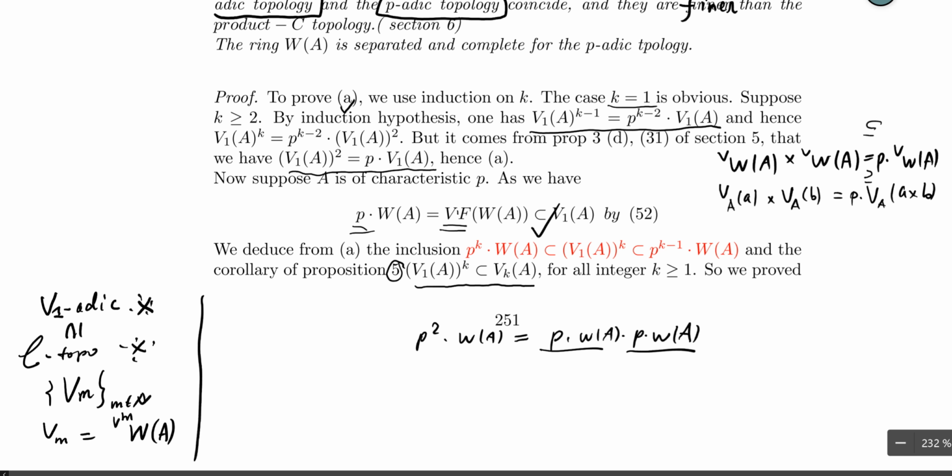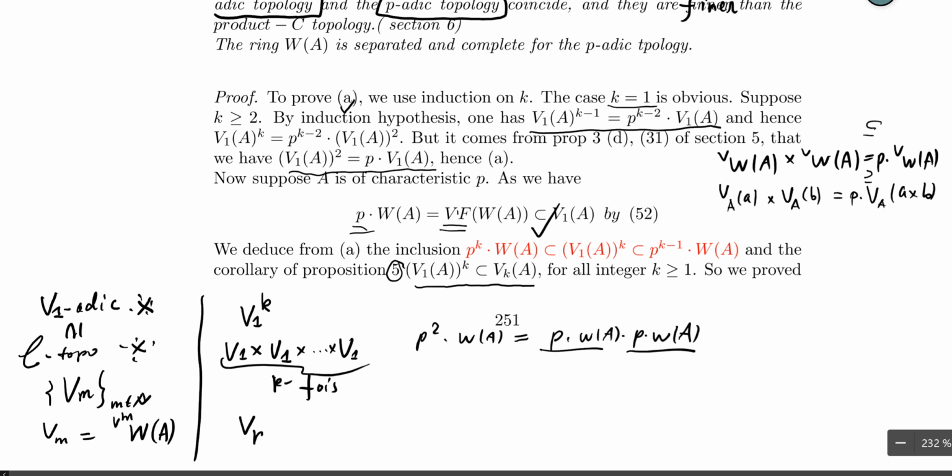Well, the open neighborhoods of 0 are V1^k. This means V1 multiplied with V1, k times, and we end with k.